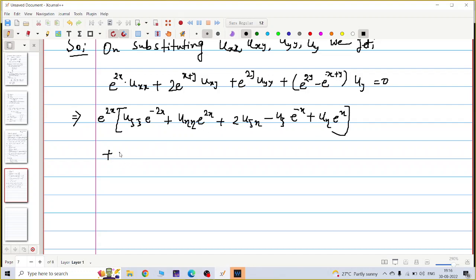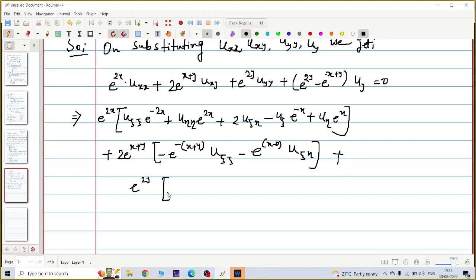Now I write uxy. e power x plus y into uxy is minus e power minus of x plus y u_xi, minus e power x minus y into u_xi, plus e power 2y into what is uyy? uyy is e power minus 2y into u_xi xi plus u_xi into e power minus y.